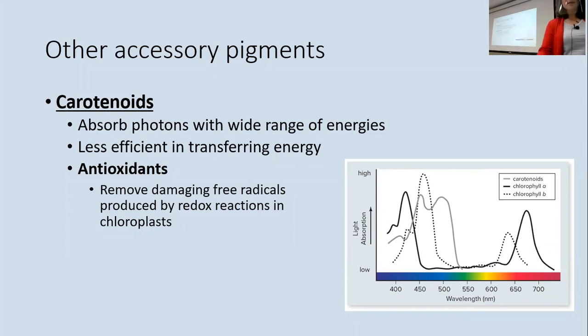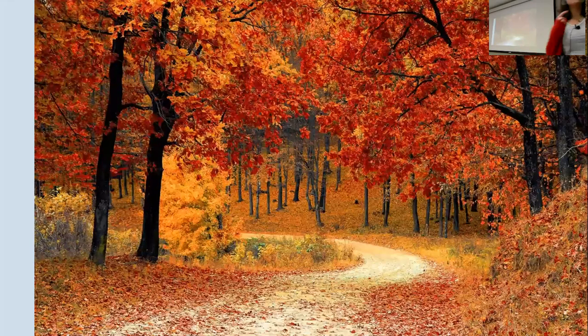So carotenoids. Carotenoids are also why we get fall color, because chlorophyll A is green. What is picky? So when the days get short, chlorophyll A is like, oh, I'm out of here. They senesce, they go away.